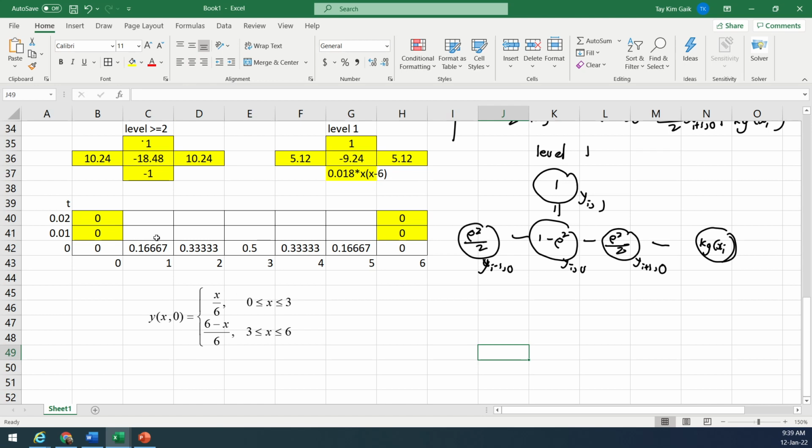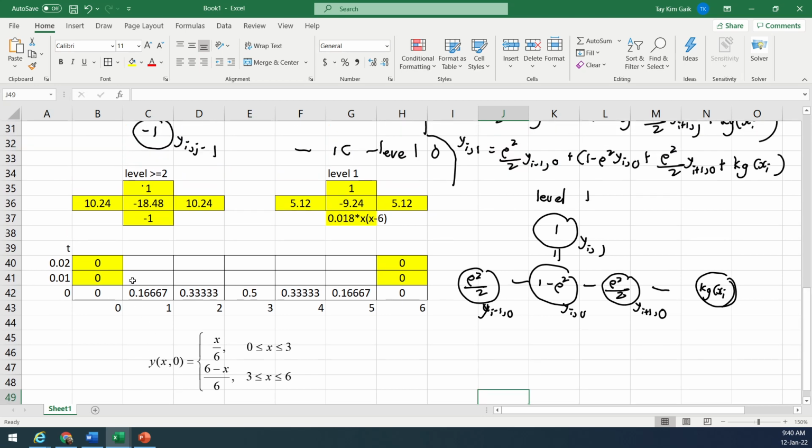Then you just need to calculate level 1 using this molecule here. Level 1, so now I don't highlight, no fill. Using level 1, you need this one. Sorry. So I will calculate here.